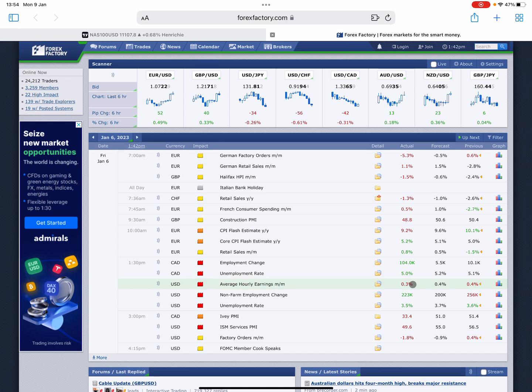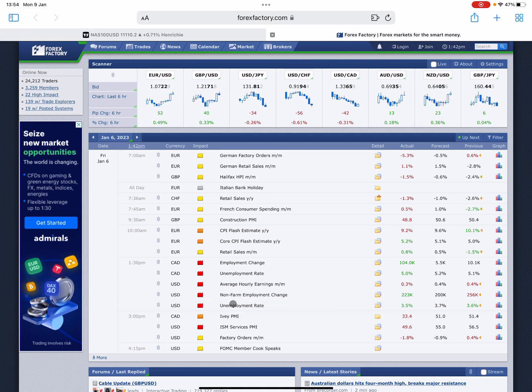And if the dollar is going down, the NASDAQ should go up. Now, the second news, non-farm employment change, 256K, forecast was 200, and it ended up being 223K. Now, 223K is the actual data, which is lower than the previous data, still pointing that the dollar should go down.